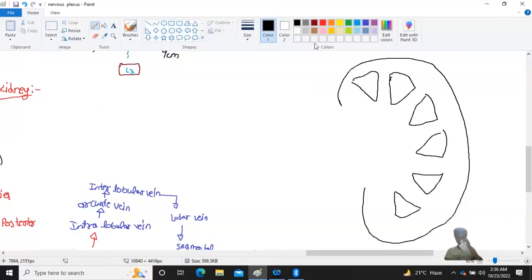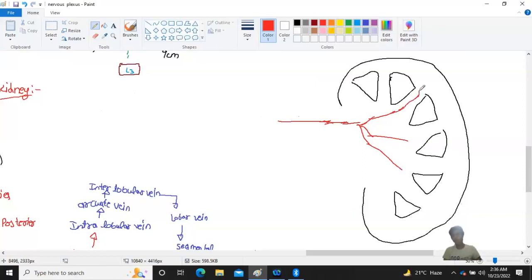So first, the renal artery comes, then it divides into segmental arteries, 1 and 2. First we take the anterior section. This is the first segmental artery. Then it divides into lobar arteries, many. Then lobar arteries go into the interlobar. Then interlobar continues into arcuate.